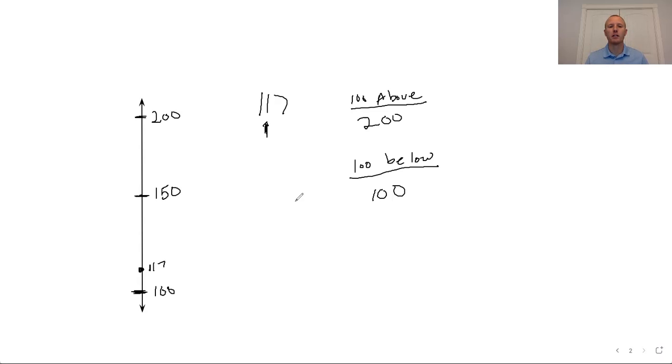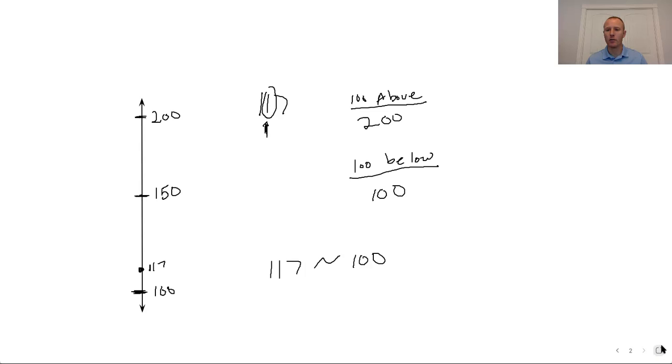If the tens place is a 5, 6, 7, 8, or 9, we are going to round up. And in this case, 117 is below 150. The tens place is a 1, which certainly falls below 5. So we're going to round down. So 117 is about 100 if I'm rounding to the nearest 100.